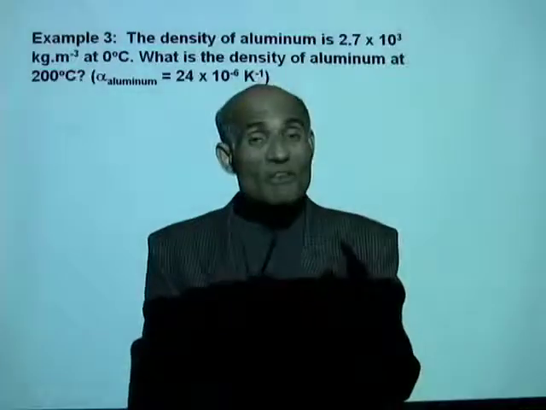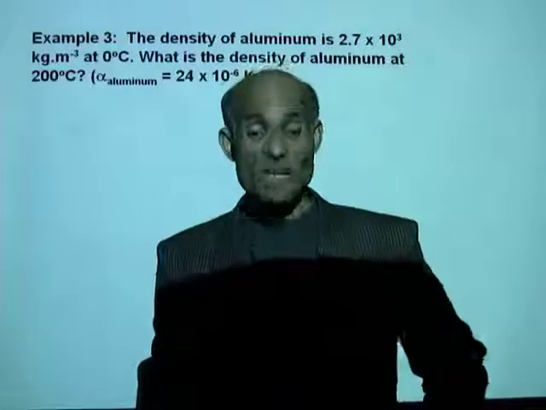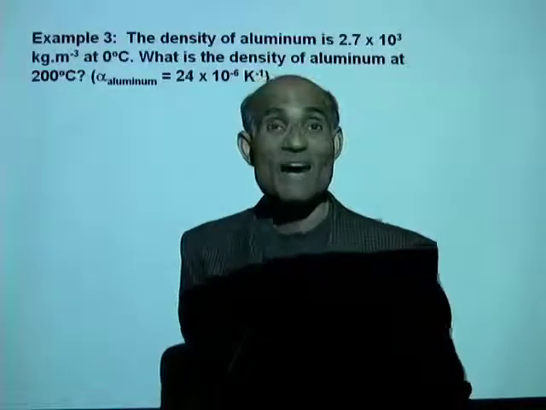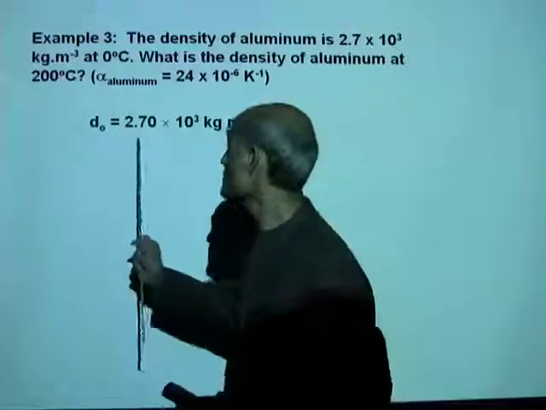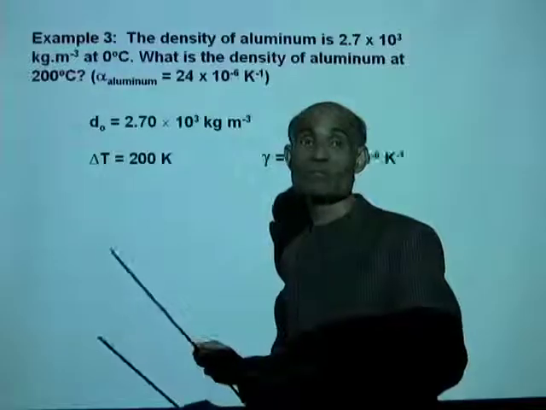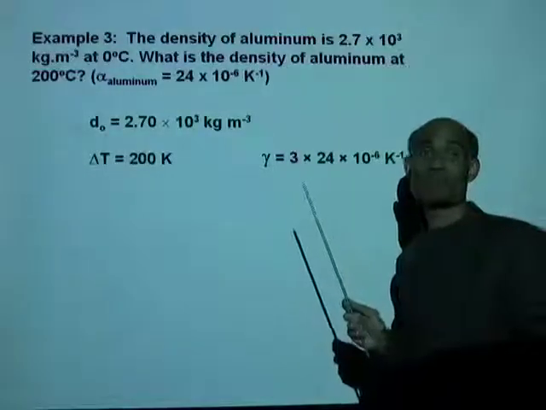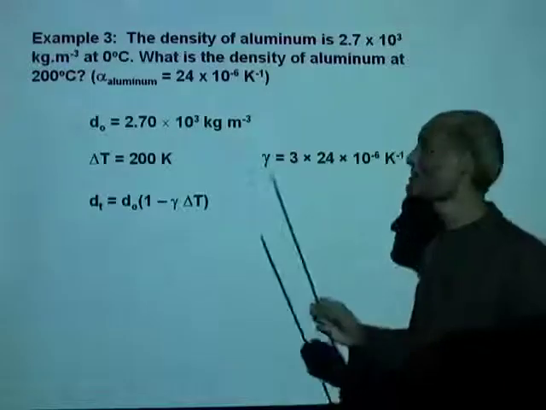If you know alpha, do we know gamma? Yes, because gamma equals 3 alpha. Alright, D0 we know, delta T we know, and gamma is 3 times alpha, and that also we know.